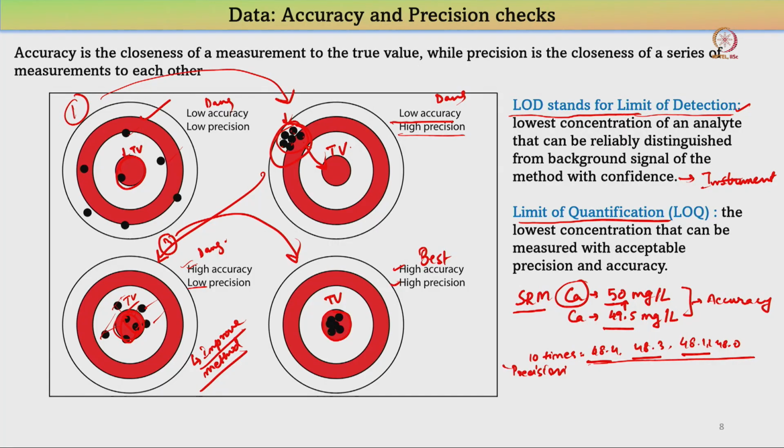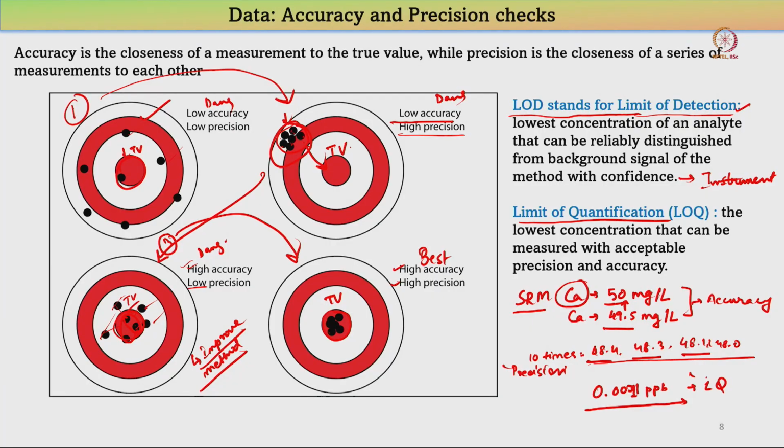Now, based on our calibration capability, the lowest concentration that we can say with full confidence will be our limit of quantification. So, if I am going to measure 0.001 ppb, then I am going to say, okay, this is my limit of quantification.